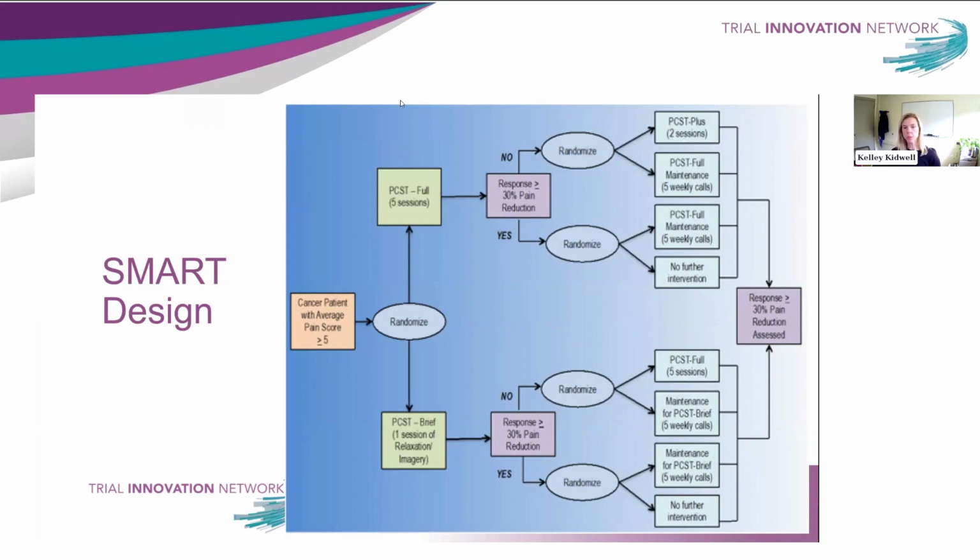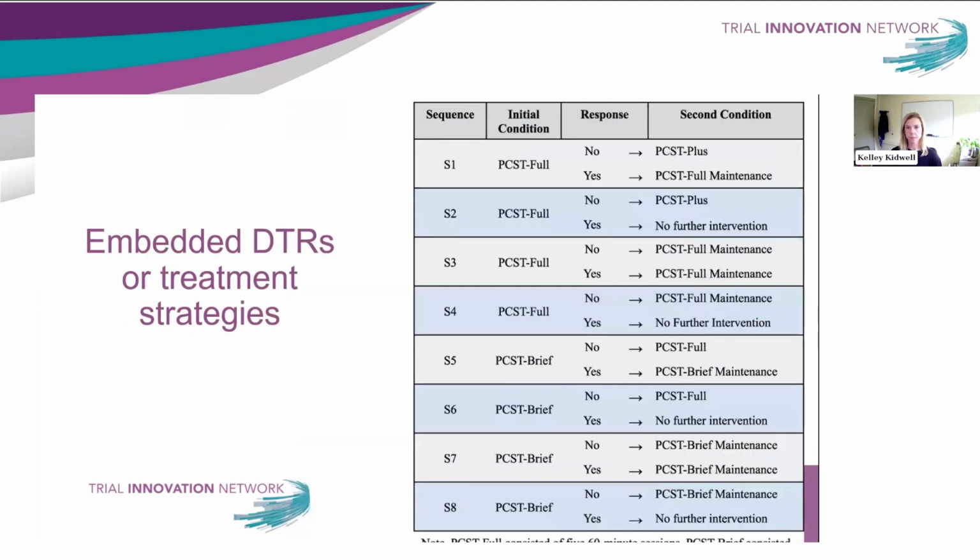It differs a little depending upon what you got first, but it's the same idea of an intensification or a maintenance. And if they did respond, then they're randomized between a maintenance version of that initial treatment versus no further intervention. Subsequently, they had a few follow-up times at which their pain was assessed after the interventions.